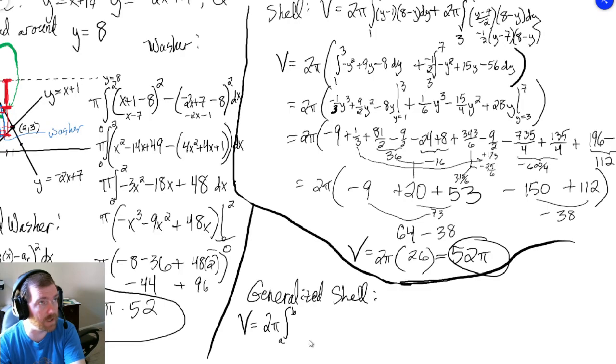So this is in the x direction. This is going to be our function f of x times.